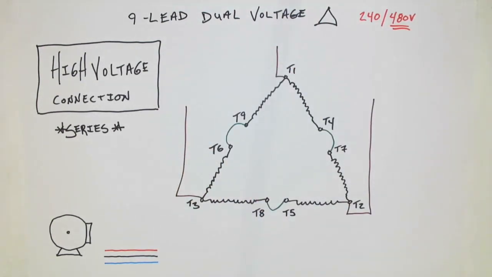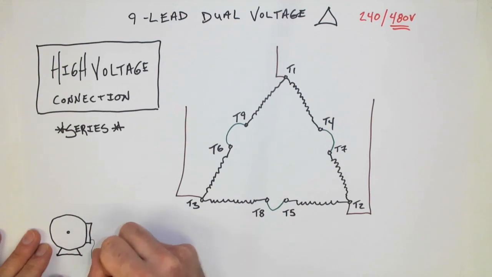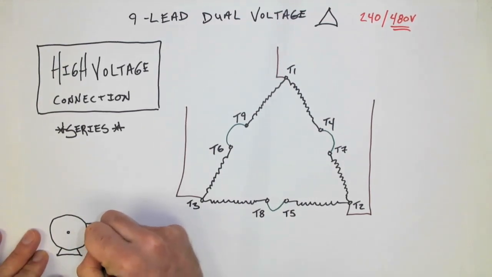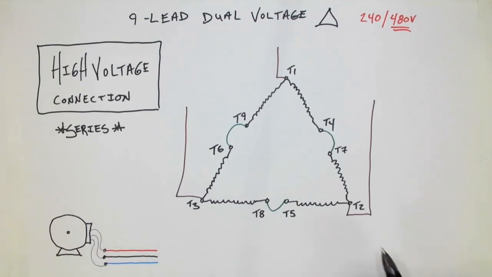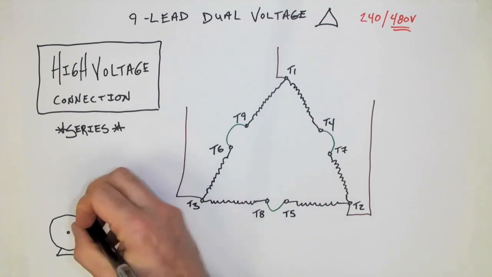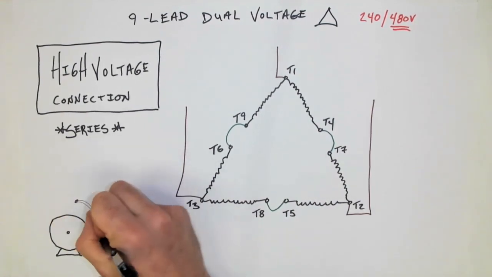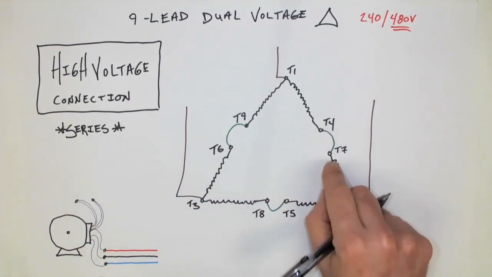In much the same way, we see the connections down at the motor of having an individual wire coming out to T2, T3, and T1, and then 6 and 9 tied together. So that would be 2 wires like this. Another 2 would be 4 and 7.